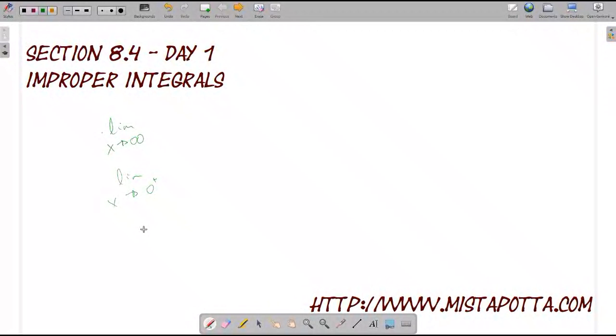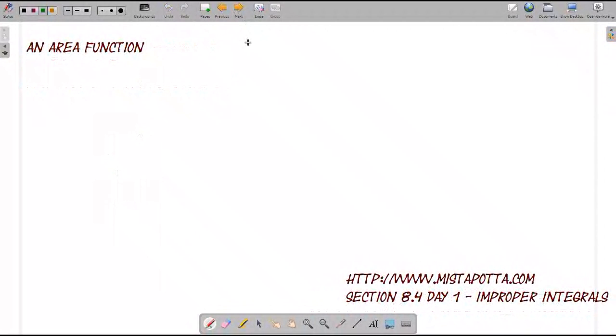But I want to talk about another application of this. So I'm going to come up with a very simple area function, because I know that the graph of y equals e to the negative x is a fairly well-behaved function.